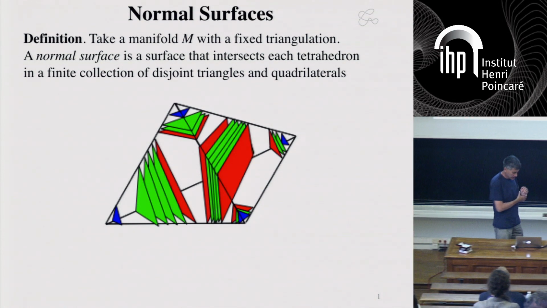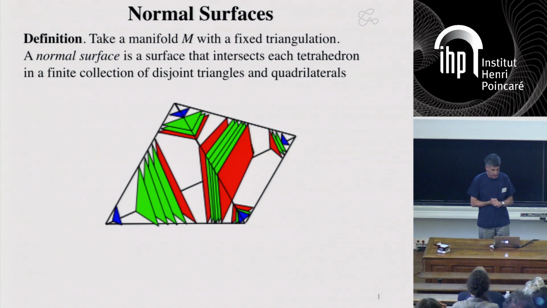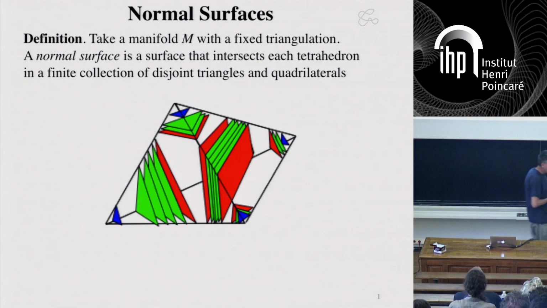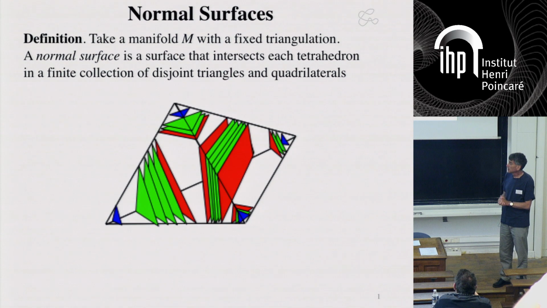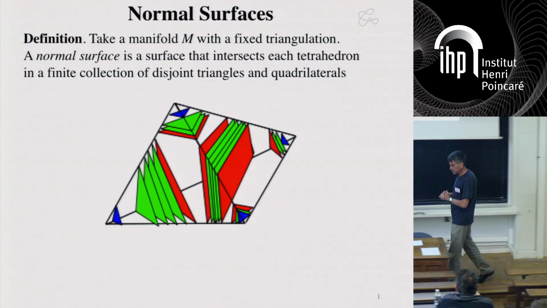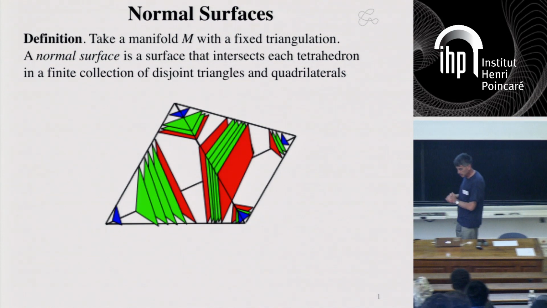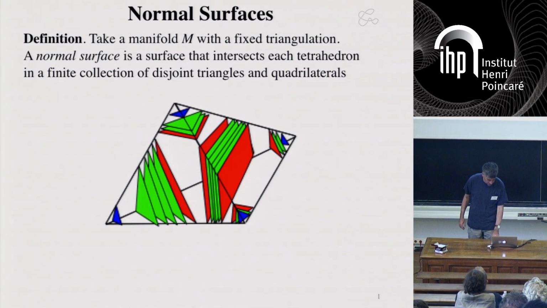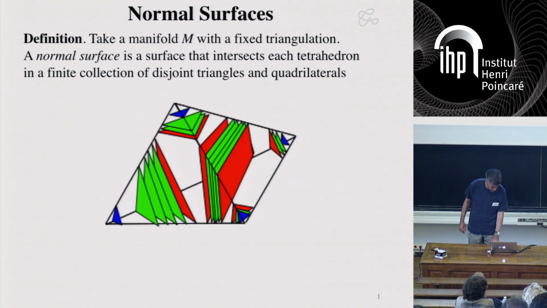And then my plan is to talk about the recognition problem for the three-sphere, which involves some new ideas connecting algorithms and computational complexity to differential geometry and minimal surface theory. So I want to talk about that and some more about complexity theory for the rest of the time.